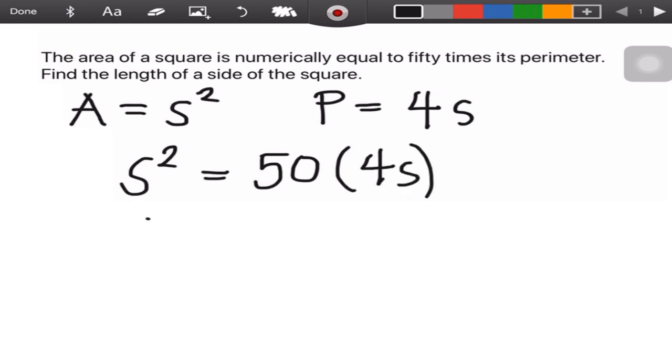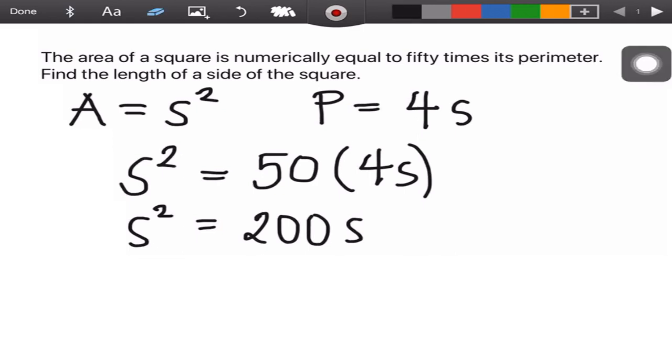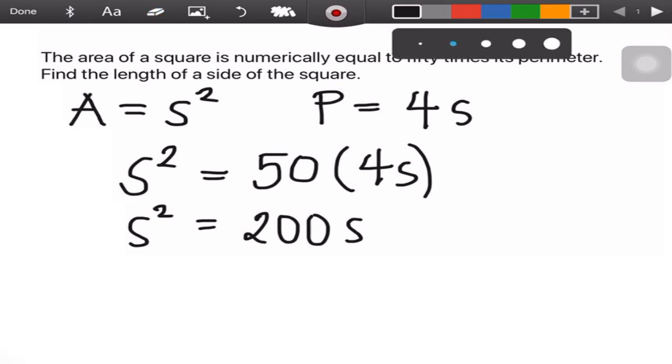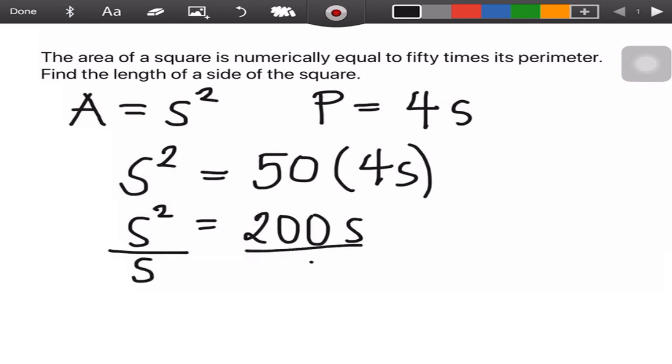And then we will now multiply 50 and 4S. 50 times 4 is 200S. Actually, we will use common monomial factor, but I'll rather use the easier way. We will just divide both sides by S to get the value of S, or the side.